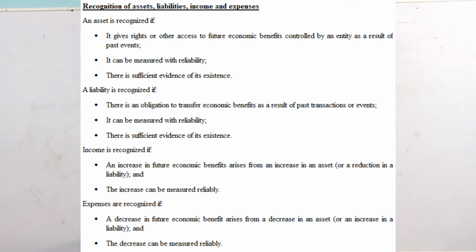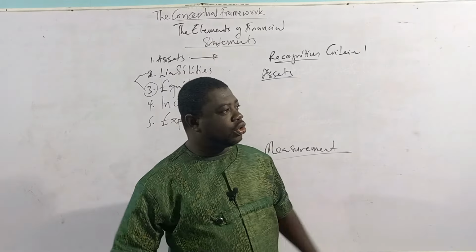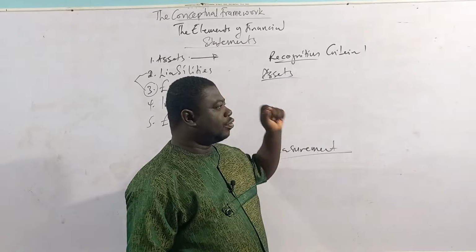An asset is recognized if it gives rights to future economic benefits controlled by an entity as a result of past events. Like I said, future economic benefits will flow to the entity from the use of the asset, and the cost of the asset can be measured reliably. These are the two key criteria.